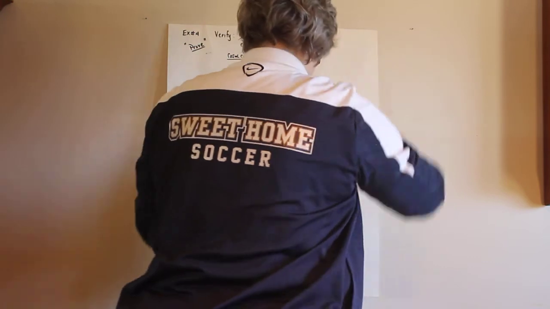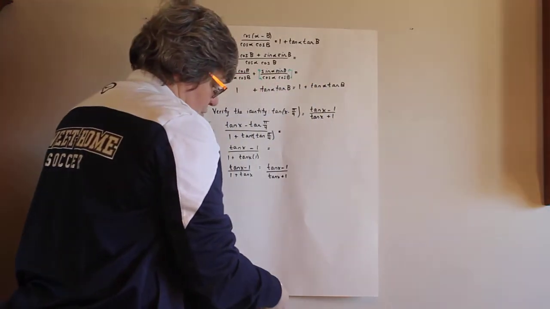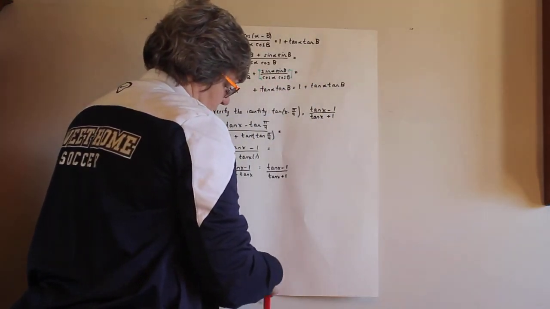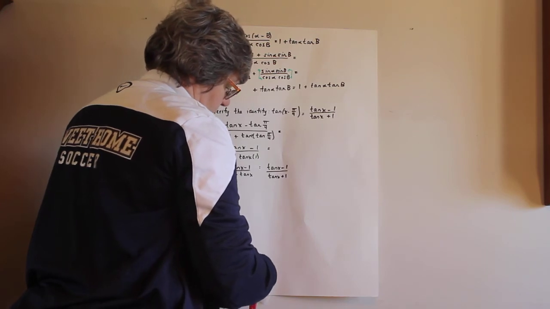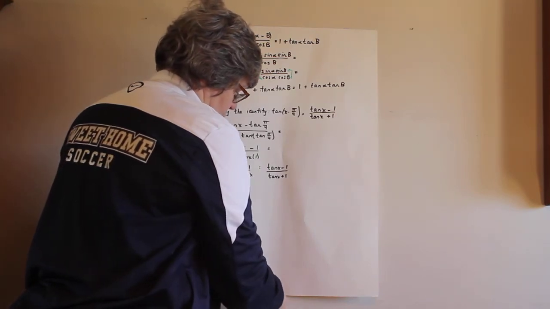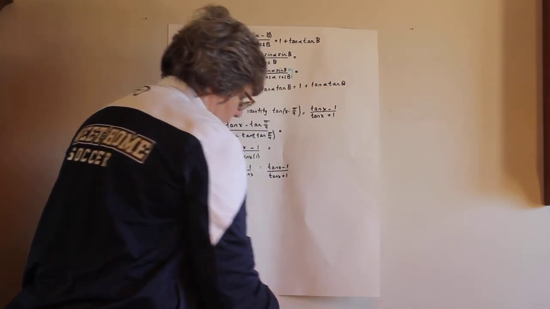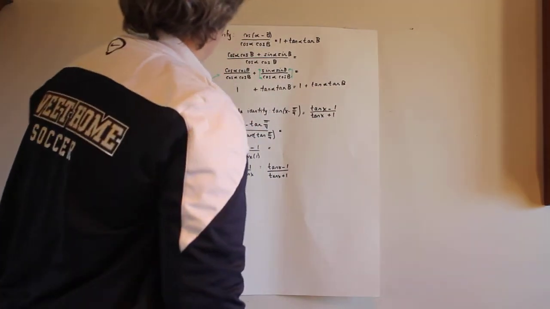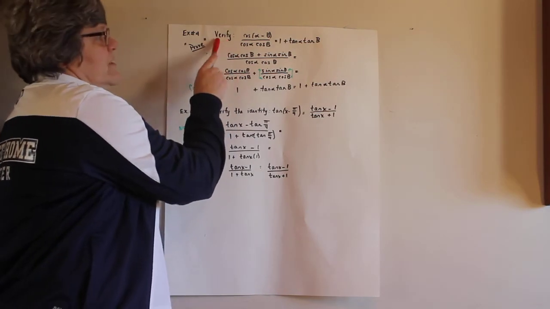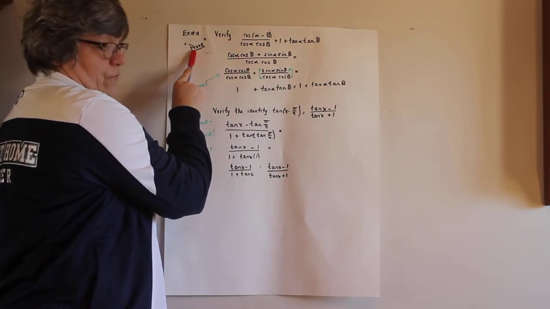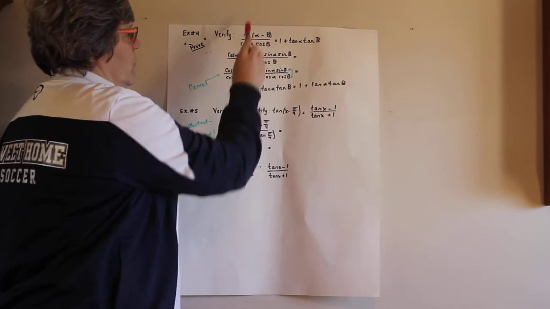But these proofs aren't bad because we use the formulas, which are on the front, so you'll have to trust me on it because they're now gone. And we have to sub in stuff from the chart and otherwise. So here we go. Verify. When you see the word verify, it means prove. So that means you can only work with one side.